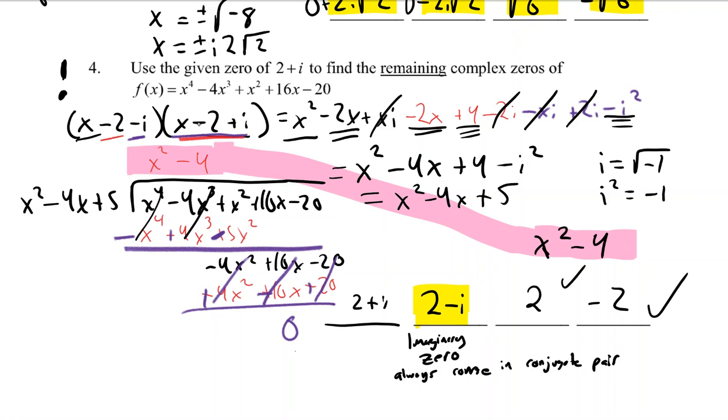If we changed them to factors and multiplied them together, we got a nice looking quadratic, and we could long divide out the quadratic to see the remaining factor was x squared minus 4. Once we have that written that way, we can set that equal to 0 and solve to find the remaining zeros. So definitely the longest question.